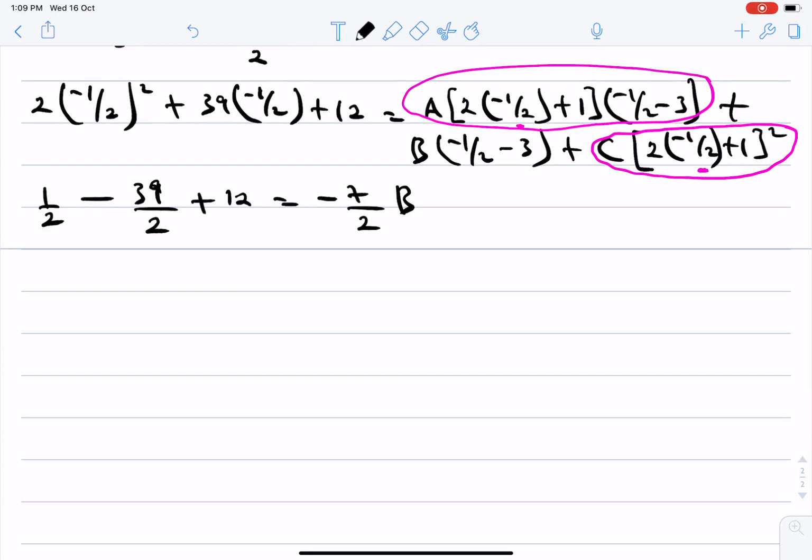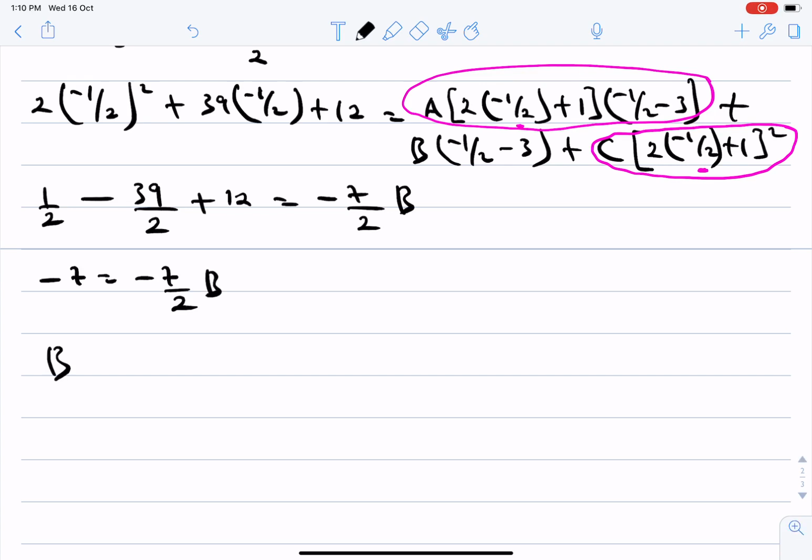Let me write that properly here: 1 over 2 minus 39 over 2 plus 12. And that's minus 7. That means minus 7 equals minus 7 over 2b.